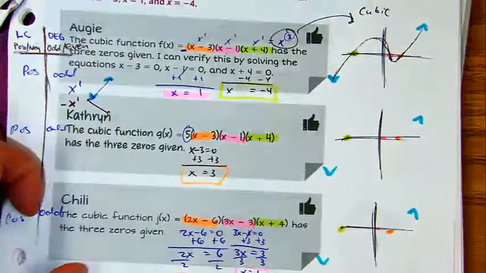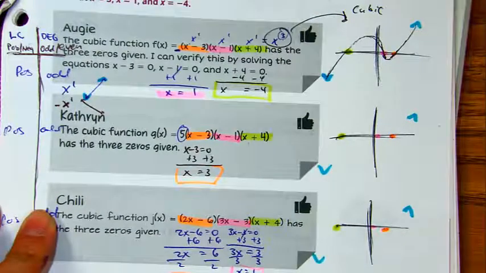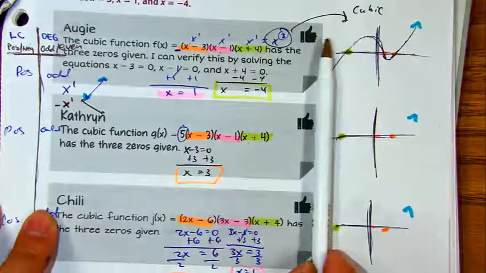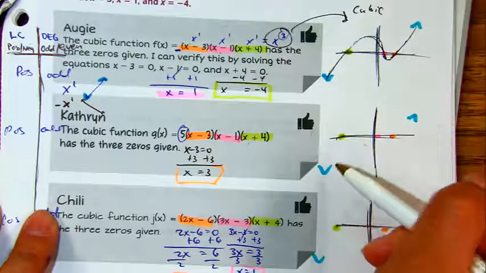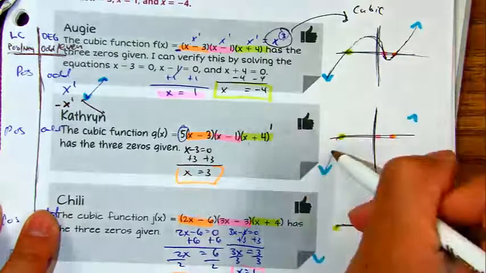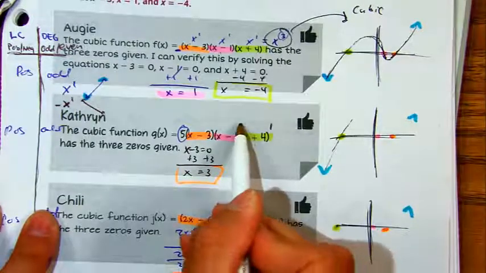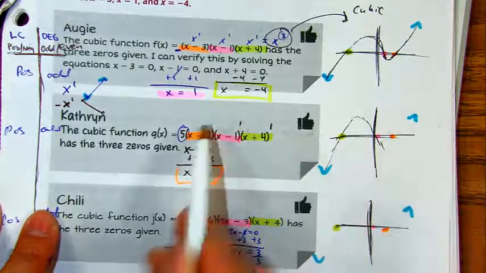Let's try it again. Where do we start? Start over here. Which direction am I going towards now? To the right. What do I do at this yellow one? Shoot through, because it has an odd degree. What do I do at the pink? Shoot through. And what do I do at the orange?